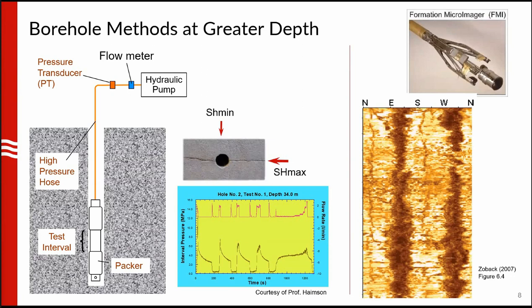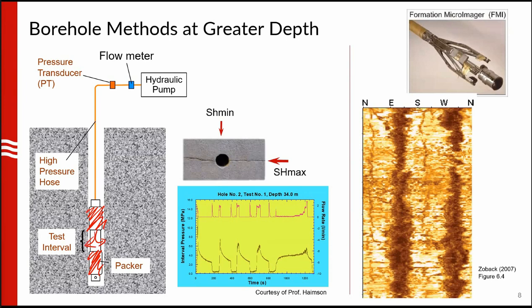So how do we do things in the borehole? One popular method is shown in the cartoon on the left, which is hydraulic fracturing. First you inflate what's called a packer right here in order to isolate a segment between those two packers. And then you keep injecting fluid at high pressure until a fracture forms.